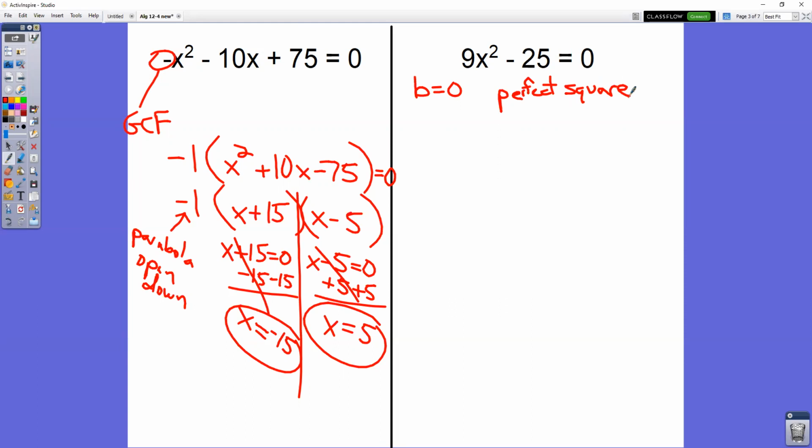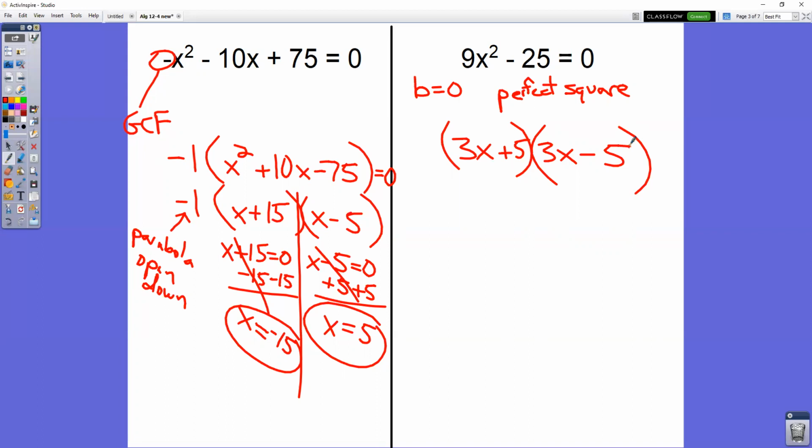We have a minus sign in the middle. So this is the difference of two perfect squares. The square root of 9 is 3, so we have a 3x and a 3x because that's a perfect square. 25 is a perfect square, so one of them is going to be a plus 5 and one of them is going to be a minus 5.